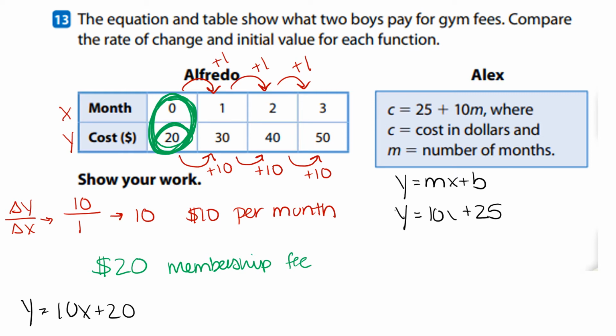And the 10m, even though m and x always go together, is $10 per month. So picking out the rate of change, it is also $10 per month. But Alex has a $25 membership fee that he has to pay first.